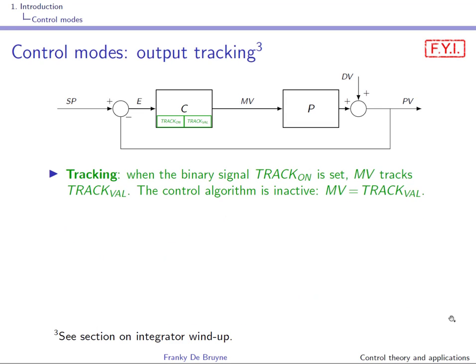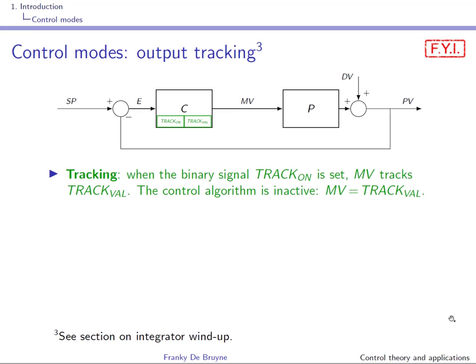Another control mode is the output tracking mode, also called the interlock mode. This is for your information only. When this binary signal here, track on, is set to 1, then the controller output MV will track the value here, track val. This is a signal that can be chosen by the one that is programming the control algorithm.